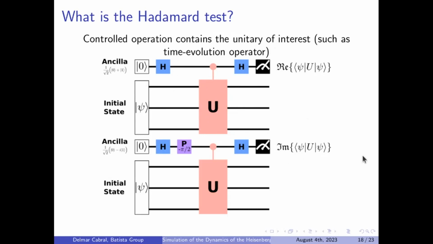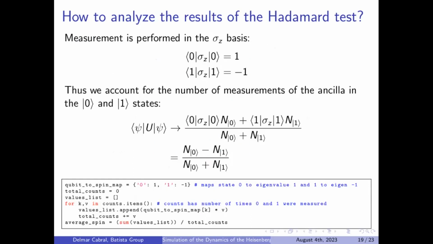Similarly, we can calculate the imaginary component of our unitary operator by including an additional phase operation in our ancillary qubit. The results of this Hadamard test are going to be dependent on the measurement of the ancilla in the sigma z basis.